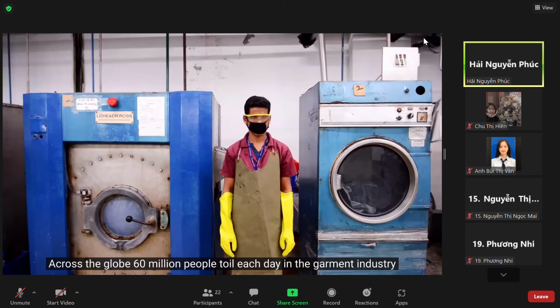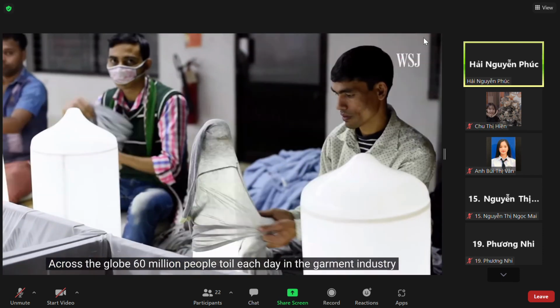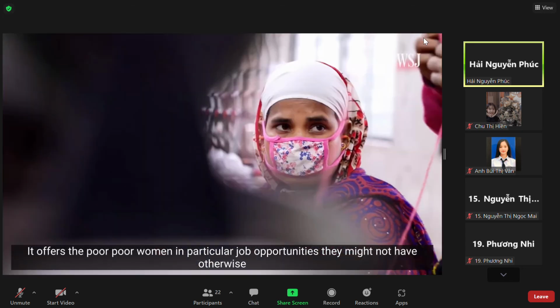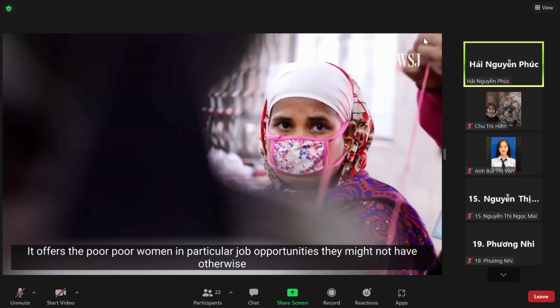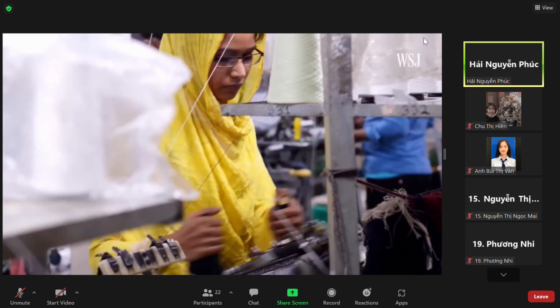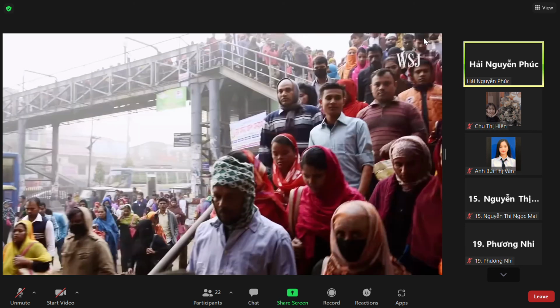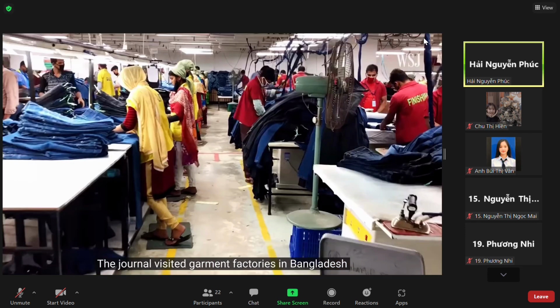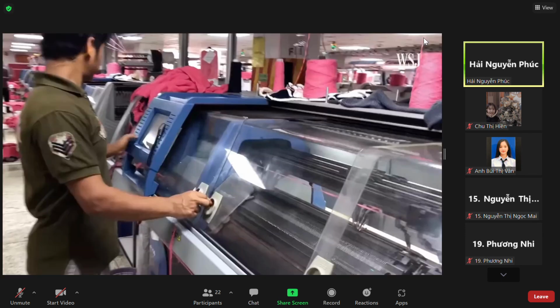Across the globe, 60 million people toil each day in the garment industry. It offers poor women in particular job opportunities they might not have otherwise. The journal visited garment factories in Bangladesh.